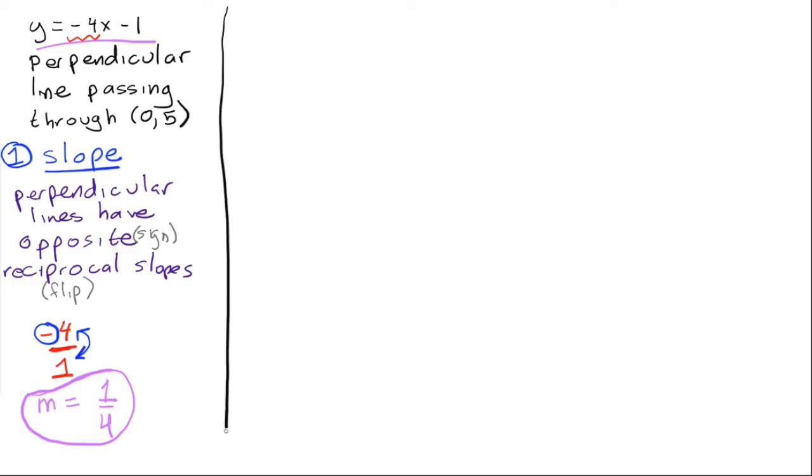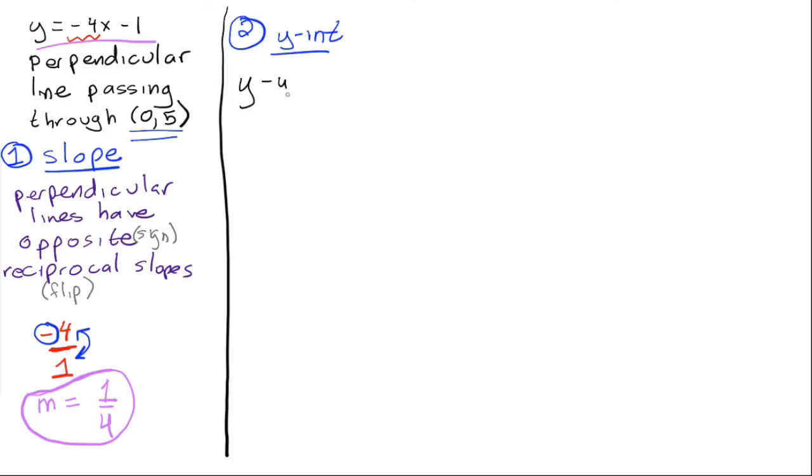Okay, and then the second step is the same exact thing as the previous problem. You need to find the y-intercept by plugging in your point and your slope into the equation of a line. So remember, just like in the previous problem, let's write down the general equation.